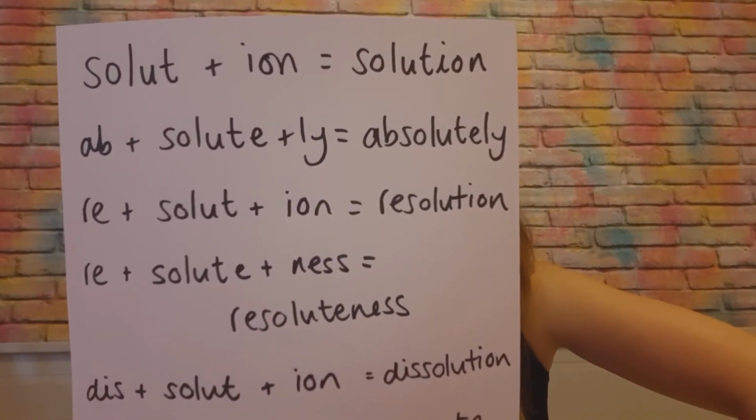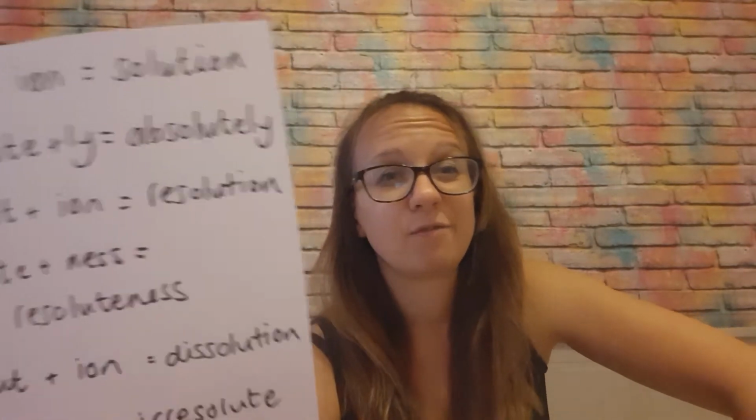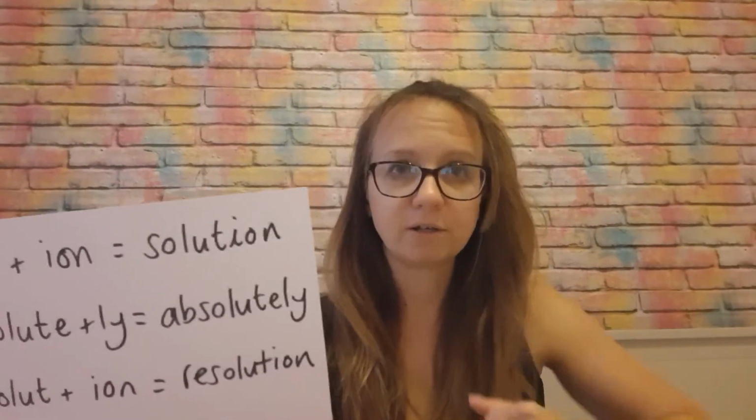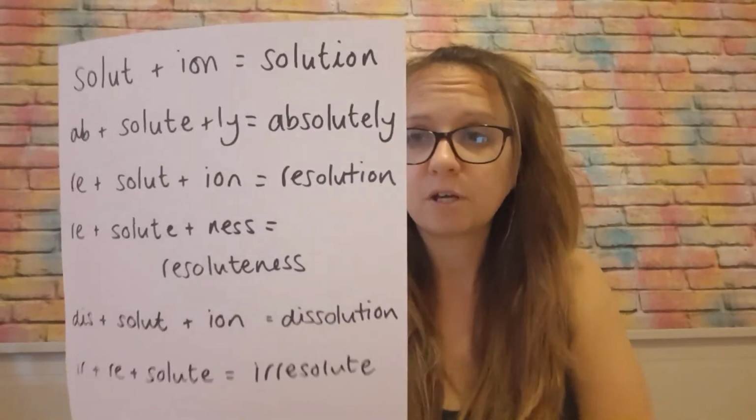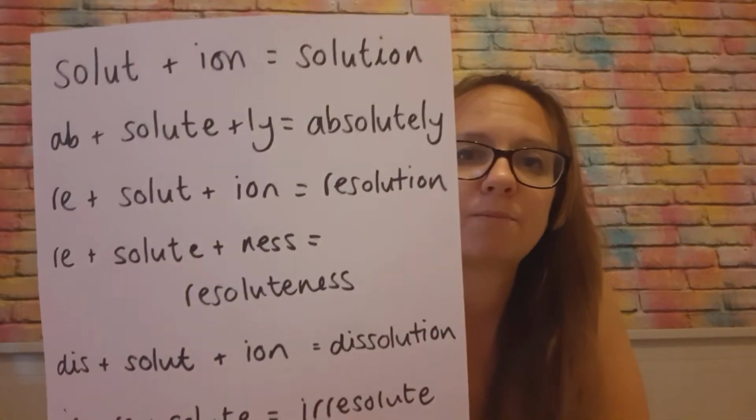So we've got resolution, and again you think of resolving to do something. So I resolve that next year I will do more exercise. That's like your New Year's resolution, isn't it? So resolution and resolve come from the same root.